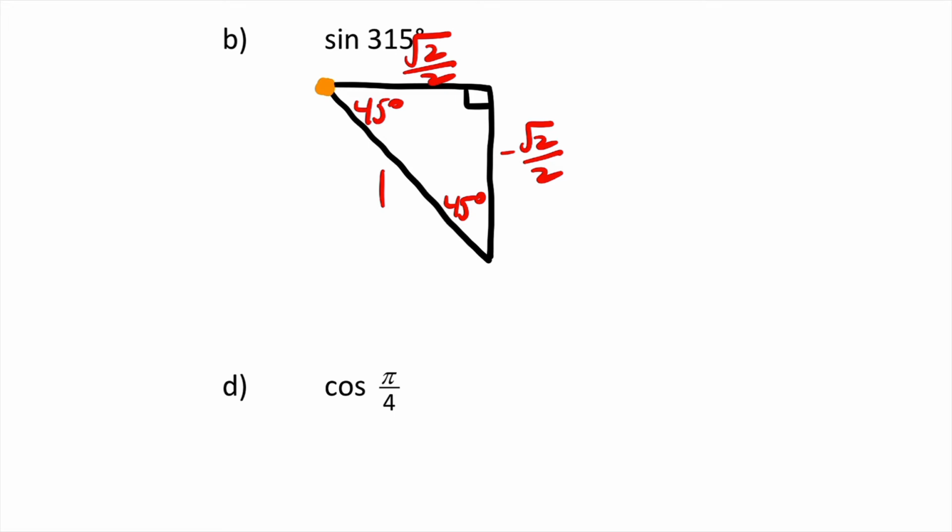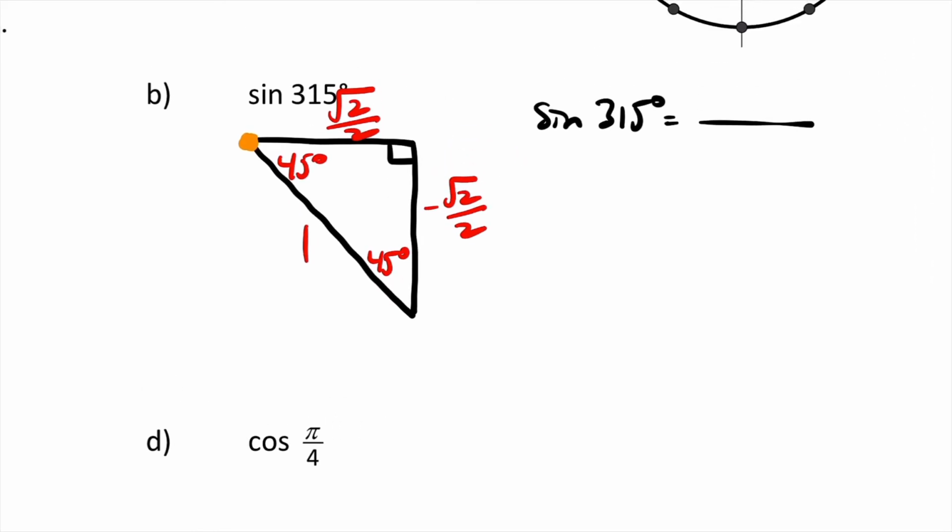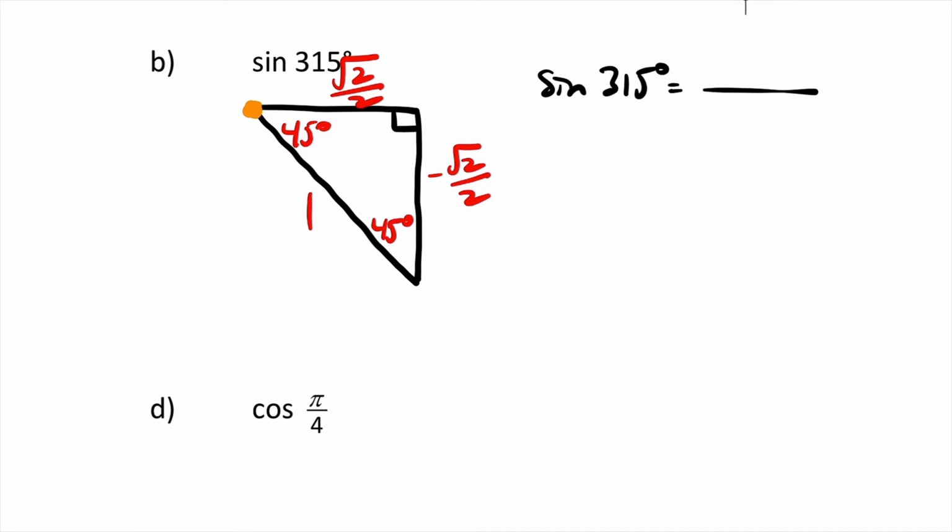So now let me actually go and find sine. So sine of 315. Sine is opposite over hypotenuse. So from the dot, what is the opposite? They're both square root of 2 over 2, but is it the negative one or is it the positive one that's opposite of the dot?